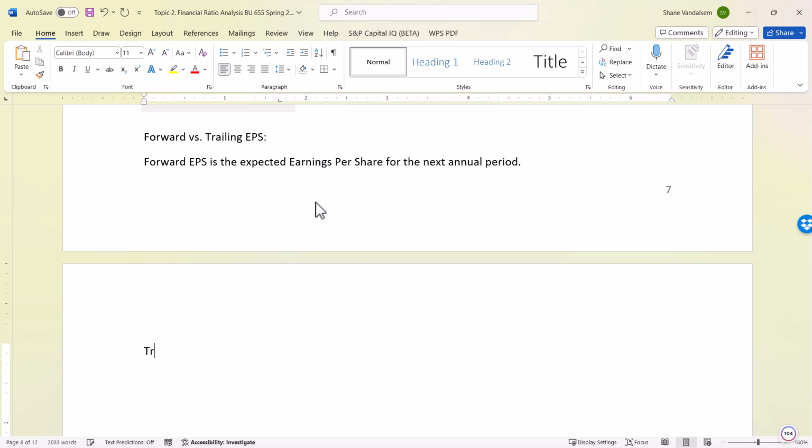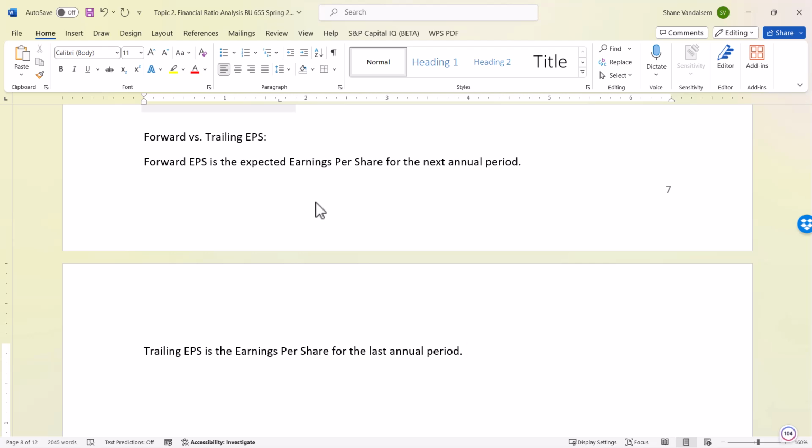The trailing EPS is the earnings per share for the last annual period, or the current annual period, depending on how you're going to define that number. But what I want you to know is that the trailing EPS has already occurred, and the forward EPS is what is expected to occur.